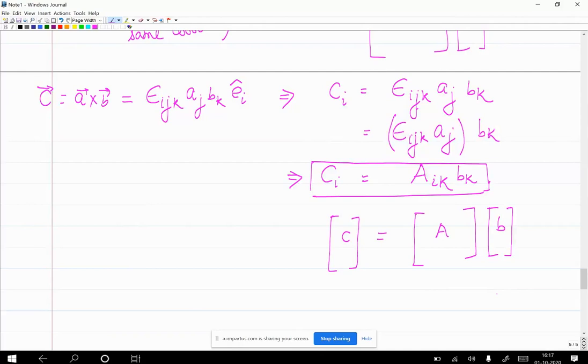So can we identify the components of this big A? So let's try to identify the components of big A. And we know that Aik is epsilon ijk aj.